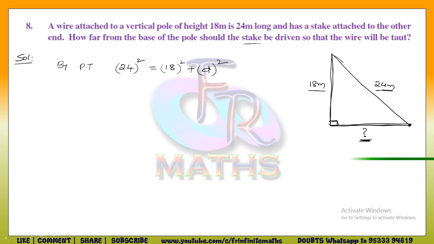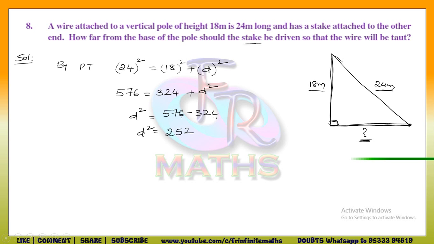Now what is the value of 24 square? 24 square is 576, which is equal to 18 square, 324, plus d square. Since I need the value of d, d square is equal to 576 minus 324. Now on doing subtraction, 6 minus 4, 2. 7 minus 2 is 5. 5 minus 3 is 2. Right?